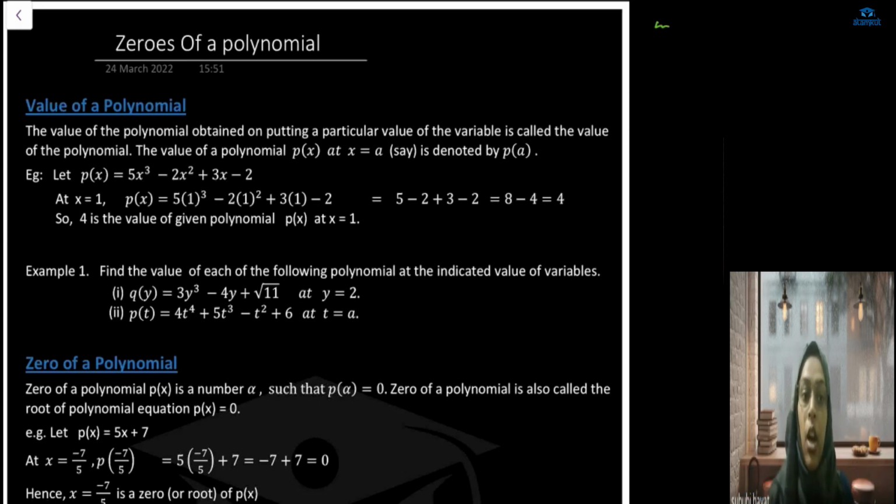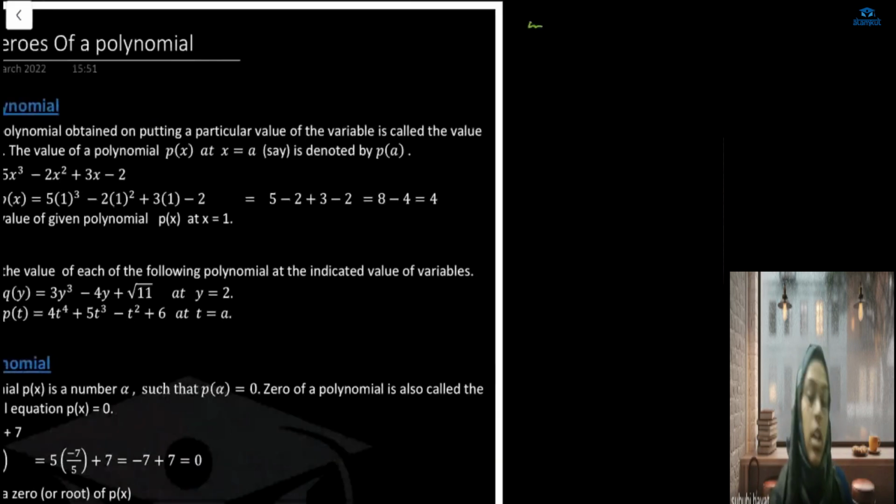Before telling you about the zeros of the polynomial, let's see what the value of the polynomial is. You should know what the value of the polynomial is. As you can see on my screen, I have already mentioned the definition, but let's understand it. The value of a polynomial p(x) is for a given value of the variable.